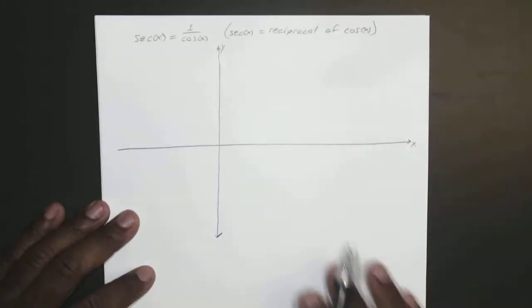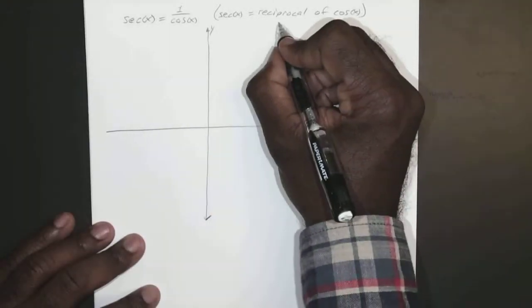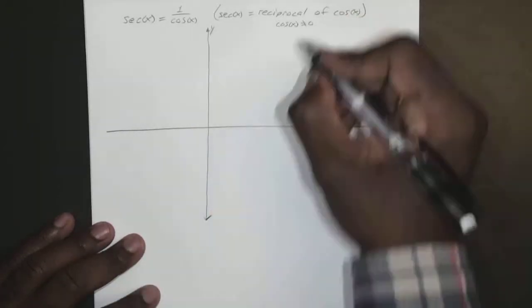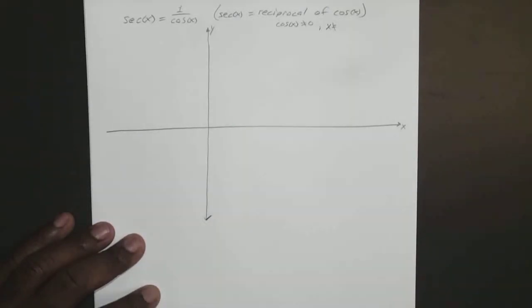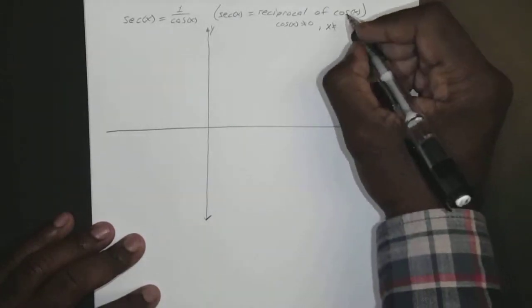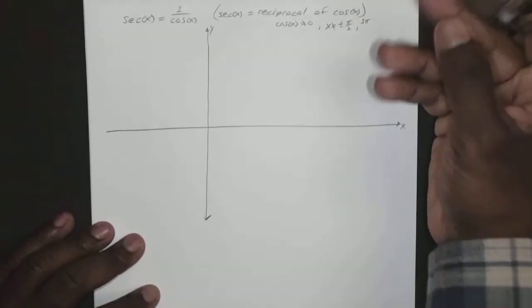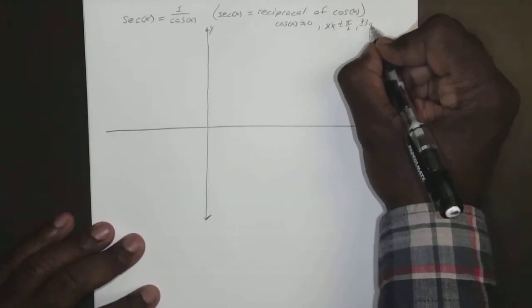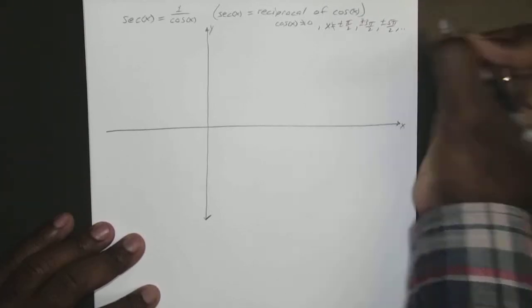So we have our cosine of X. Cosine of X can't equal 0, which means X can't equal, remember, cosine of X equals 0 at positive or negative pi over 2, positive or negative 3 pi over 2, positive or negative 5 pi over 2, and it keeps on going in that order.